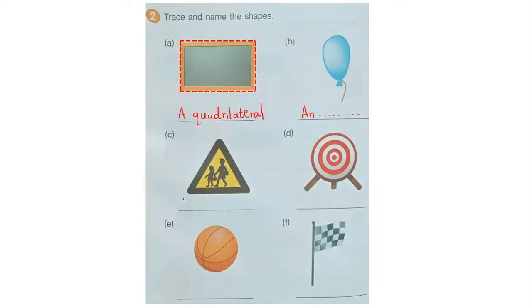This is a... write and finish. This is a... you can write and finish, and this is a... write your answer. And what about this? This is a... complete and finish. Okay.